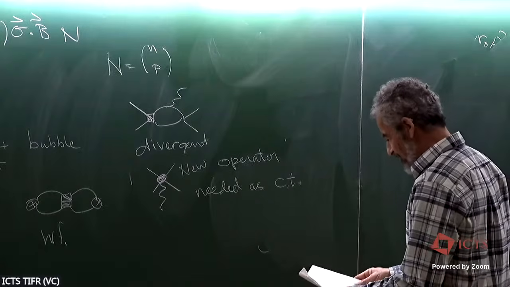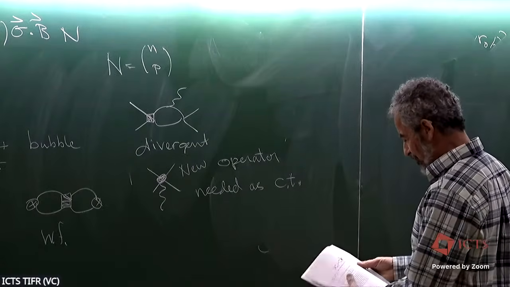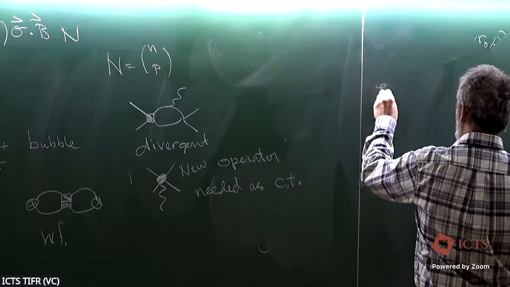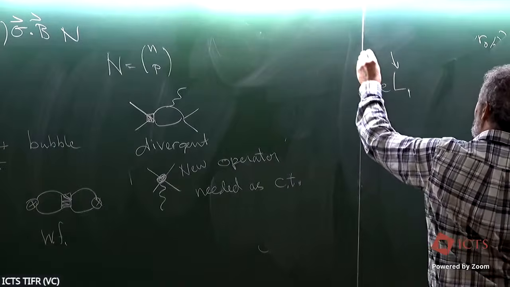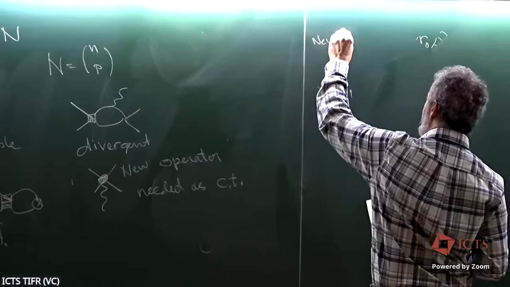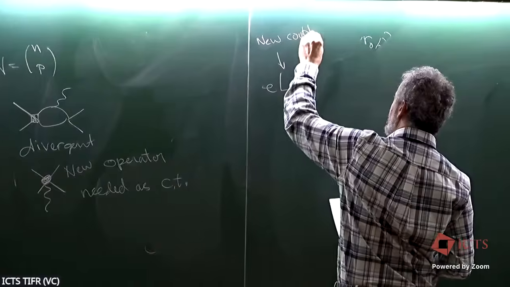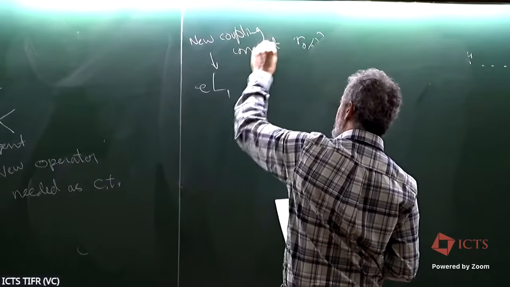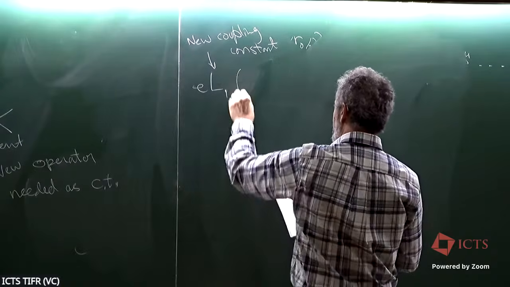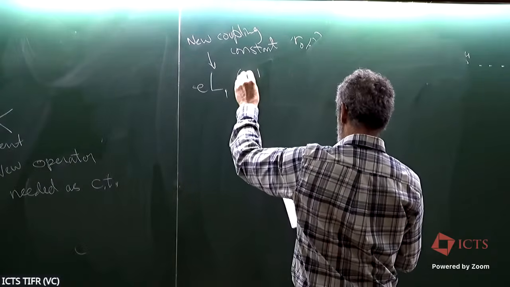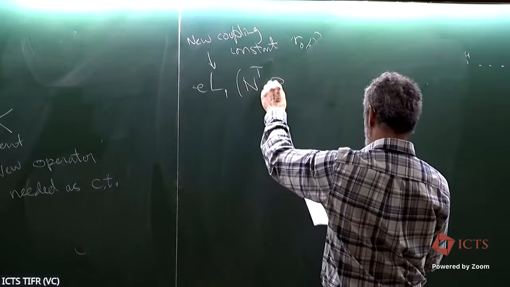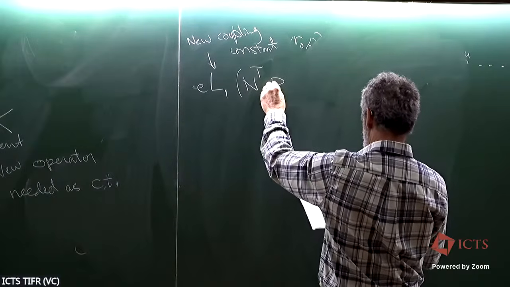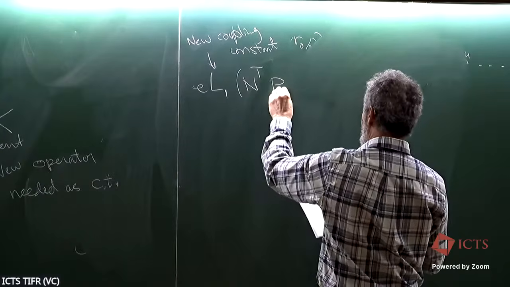And that operator then looks like this. It's got a coefficient which is called L1. This is a new coupling constant. And you have an N transpose times a projection operator, with a vector index.